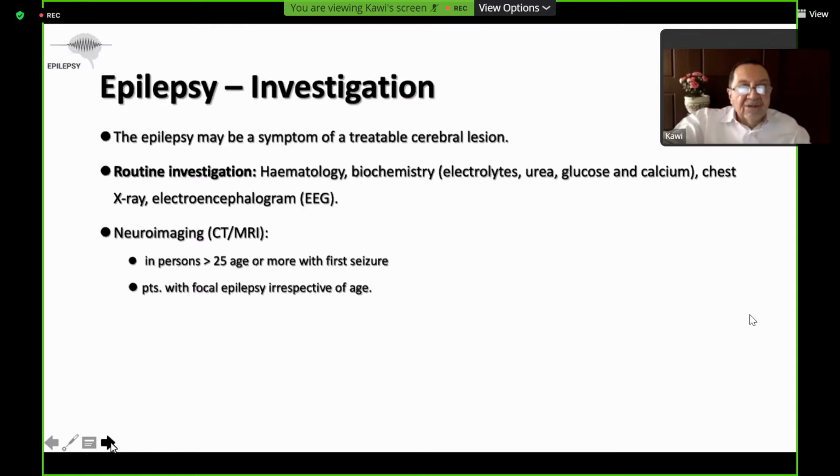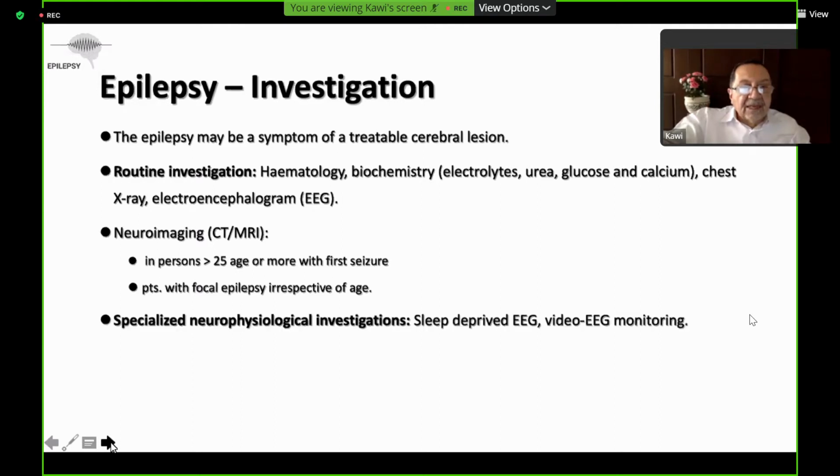After 25 years of age, it's usually a focal epilepsy, and we should know what the reason for it is. Is it tumor, metastasis, vascular lesion, and so on? Patients with focal epilepsy, irrespective of age, should have imaging. And we do specialized neuropsychological investigations.